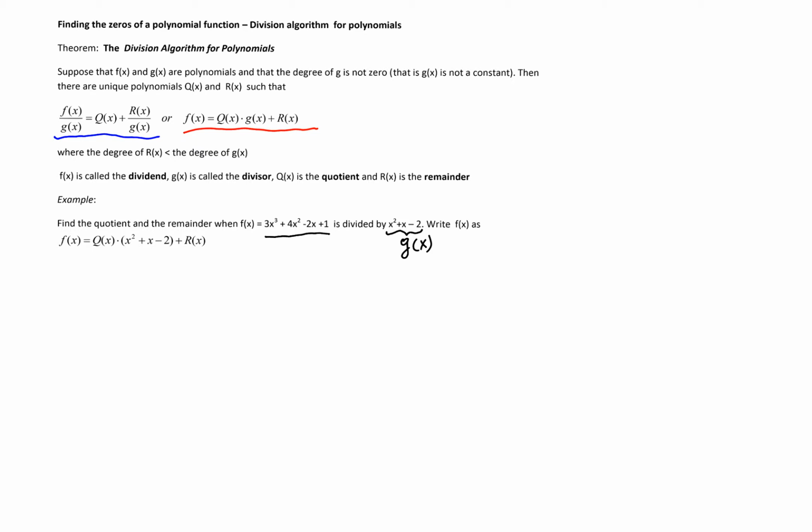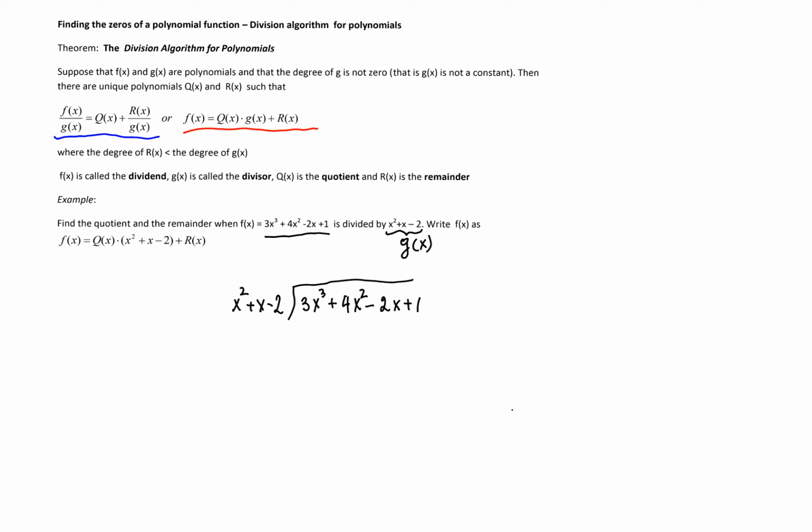So let's write the polynomial f of x, 3x cubed plus 4x squared minus 2x plus 1, and we want to divide this by x squared plus x minus 2.